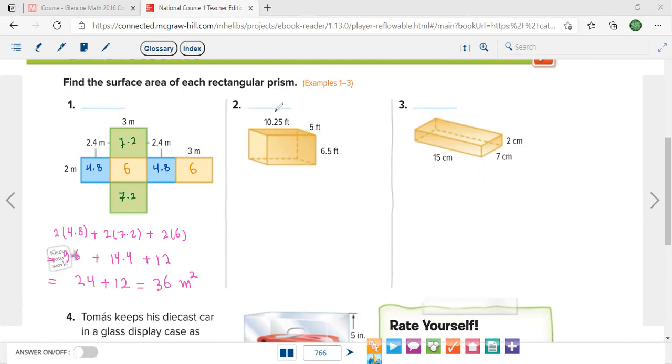Now problem number 2, we have length and width and height. So let's say that this is the height, and this is the length, and this is the width. So the rule says surface area equals 2 length width plus 2 width height plus 2 height length.